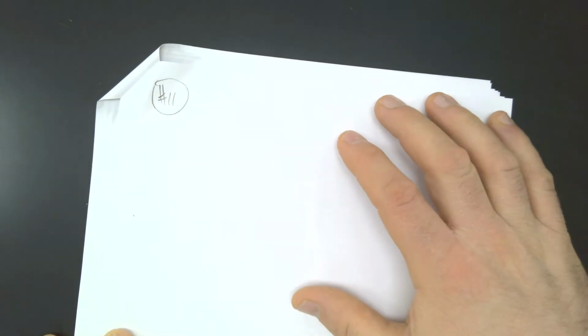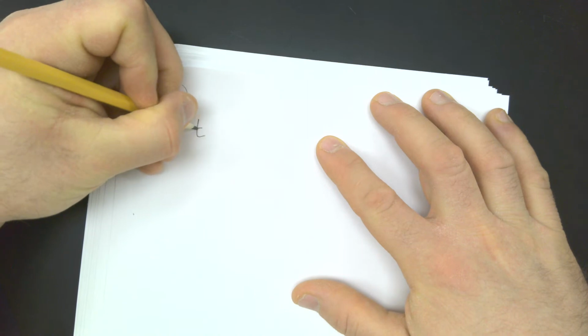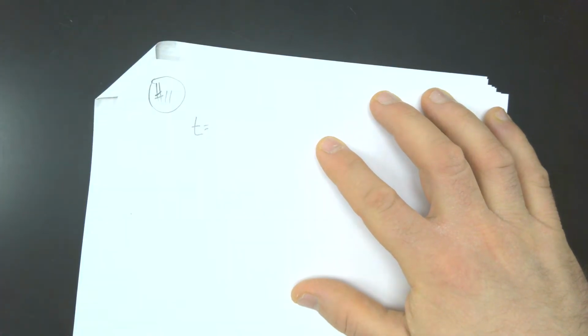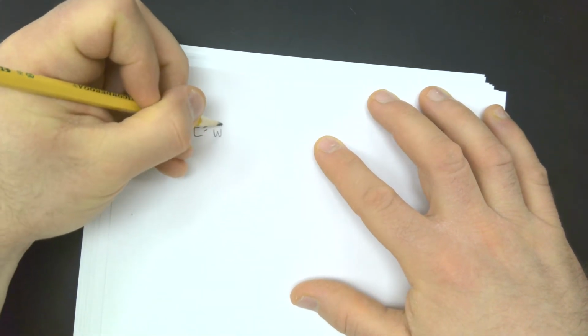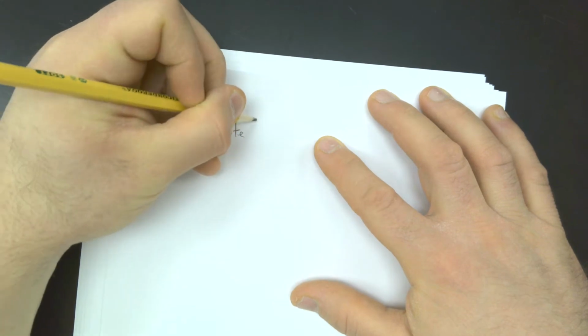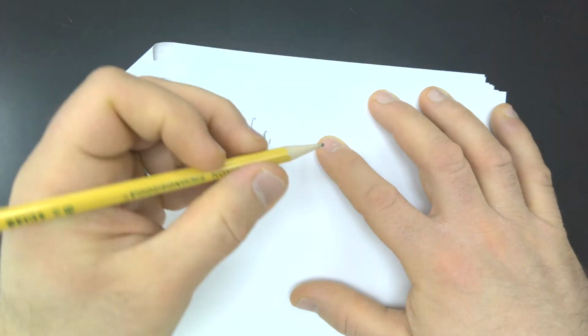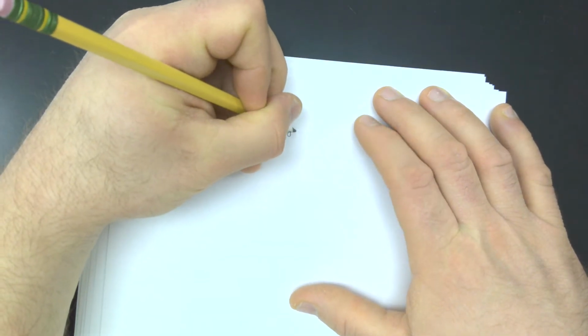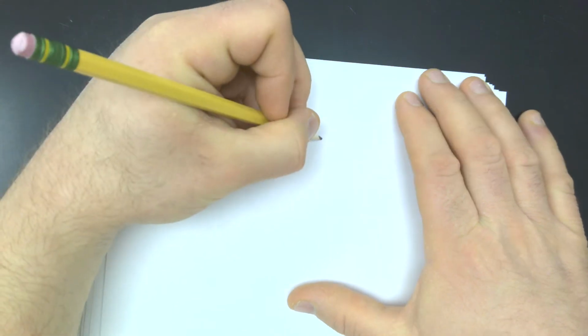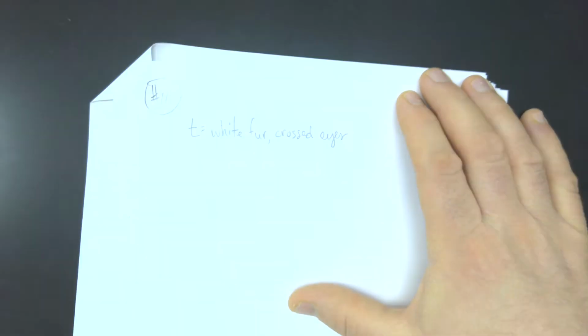Okay. Again, if you get a recessive allele, you get white fur and crossed eyes. It'll be quite a tiger.